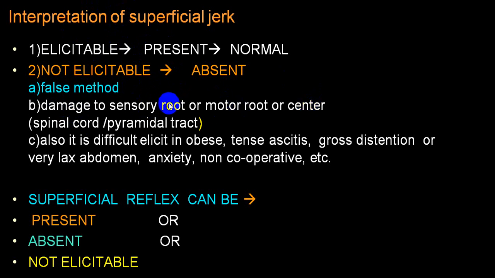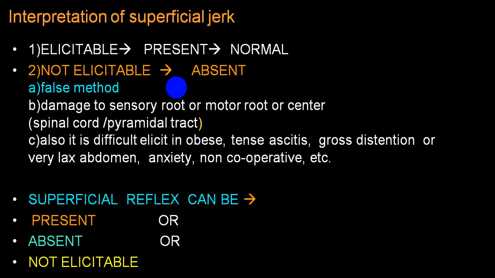So if there is a damage to sensory root or motor root or the spinal cord center, we call it a lower motor neuron. And when there is a damage to pyramidal tract above the center, we call it upper motor neuron damage. But at the level of sacral 2, 3 and 4, anal reflex, bulbocavernous reflex, as well as cremastic reflex.